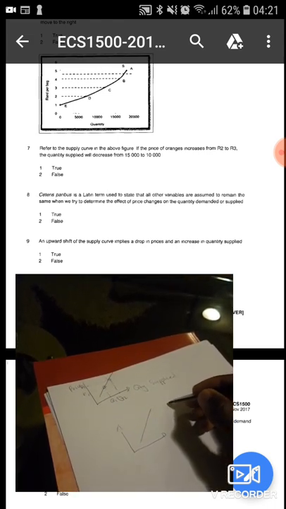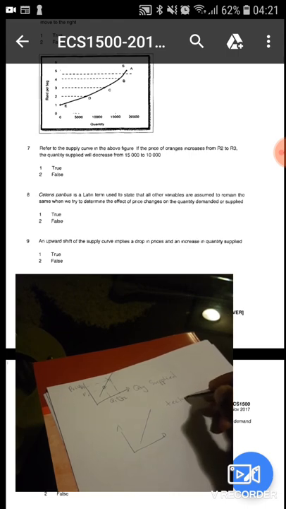And we have the factors that affect a shift in the supply, like this. You have the original supply here. So the factors that affect a shift in the supply are, let's say, technology improvement, and then we have decreasing the cost of production.